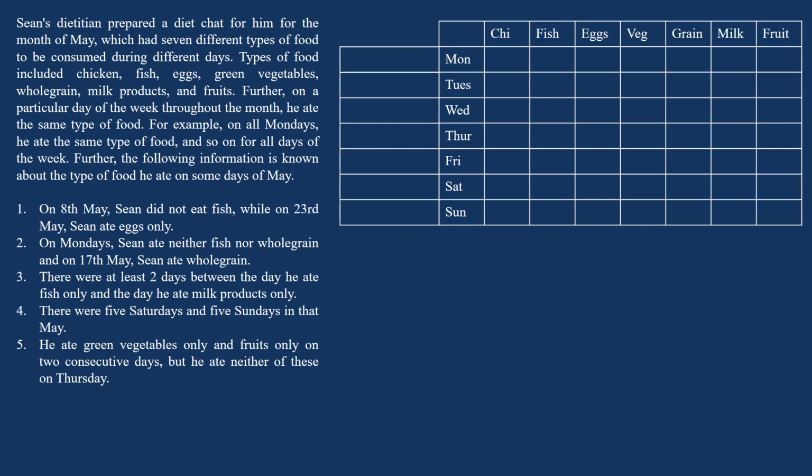On each particular day of the week throughout the month, he had the same type of food. For example, if he eats chicken on Monday, then every Monday in that month he will be eating chicken. And this is given to be the month of May, so you will be having 31 days.